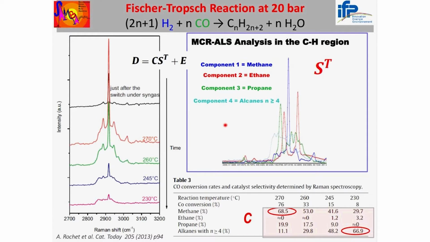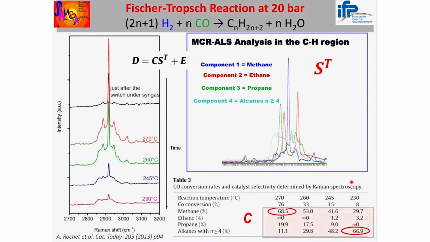And in this case, we see clearly that at high temperature, where we have the more active catalyst with about 76% of conversion, we form mainly methane at a level of 68%, and only 11% of products is related to alkanes with long chains.